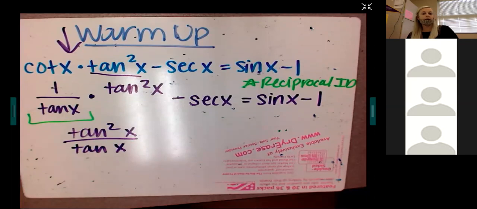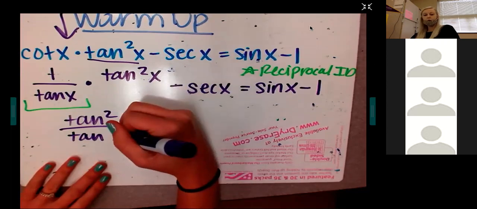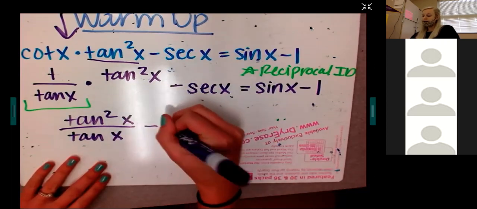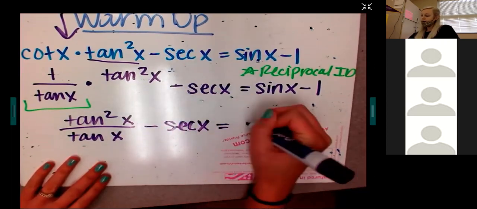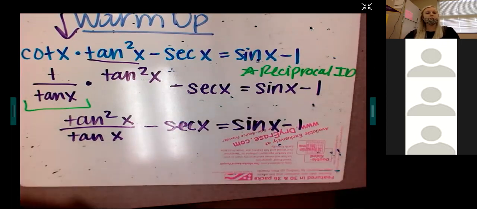He does not teach pre-cal. So that's why we can't find a lot of pre-cal stuff up there. If I didn't tell you yesterday to get sines and cosines, it's because I didn't want you to. You don't need to do that here. Y'all made it harder on yourselves. This is just tangent squared over tangent minus secant, and we're trying to make sure it equals sine of x minus 1.